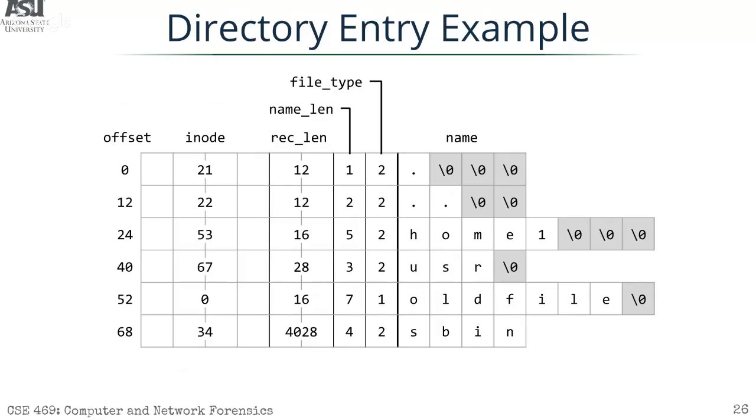So this directory entry, where does it live? What is its inode number? This is not a trick question. Yeah, 21. Inode 21. So this is the contents of the file. The inode is kind of the container, right?